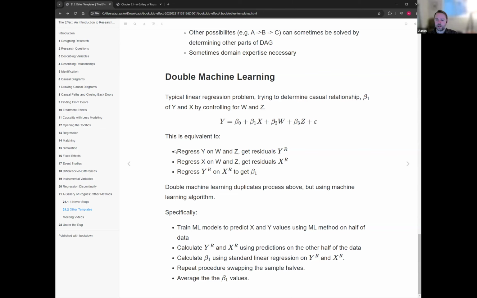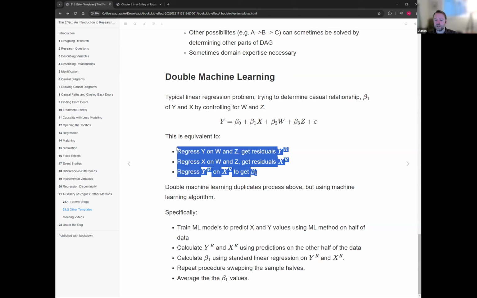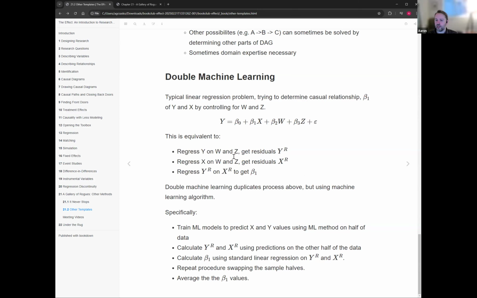And so the author goes into something we've seen before, an equivalent way to think about ordinary least squares, where you can just regress Y on W and Z, the two controls, and get the residuals from that, leaving X out of that OLS. And then you can regress X on W and Z, the controls, and get the residuals from that.